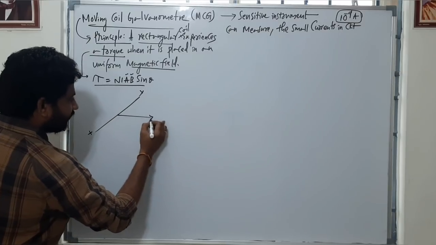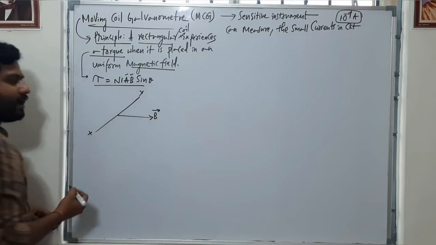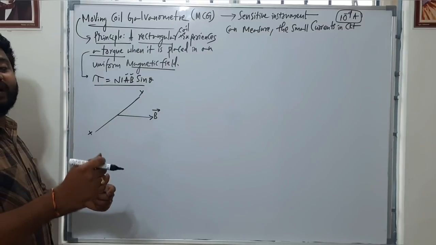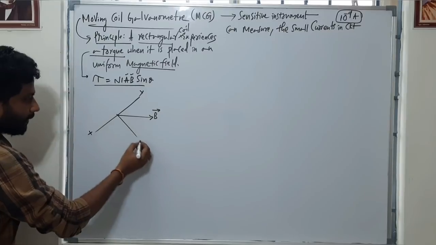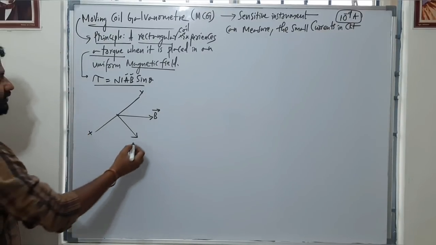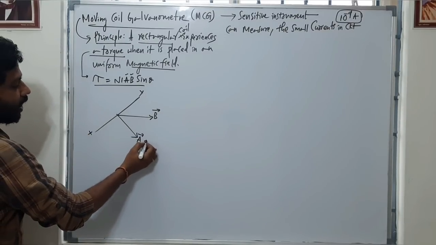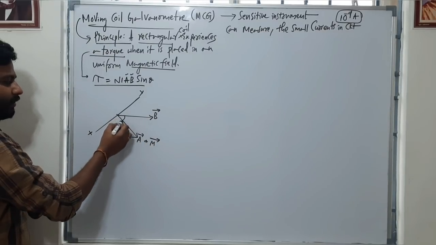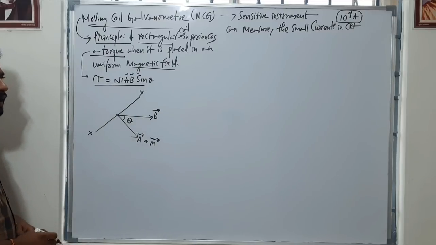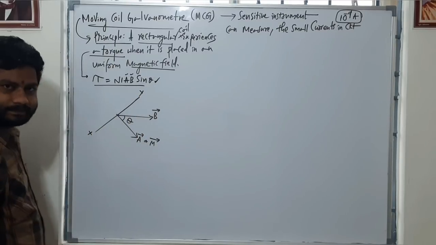This is the magnetic field B bar, and A bar means the area vector direction, or the magnetic moment direction, is perpendicular to the plane of the coil. You can say it's A bar or M bar. In the last class we had discussed. So the angle between the area vector and the magnetic field is this theta.